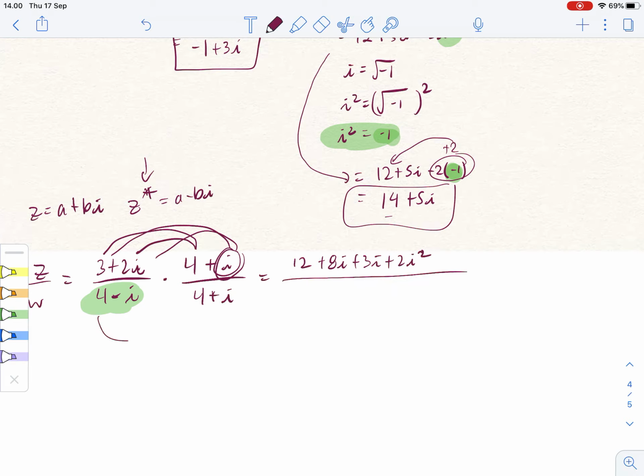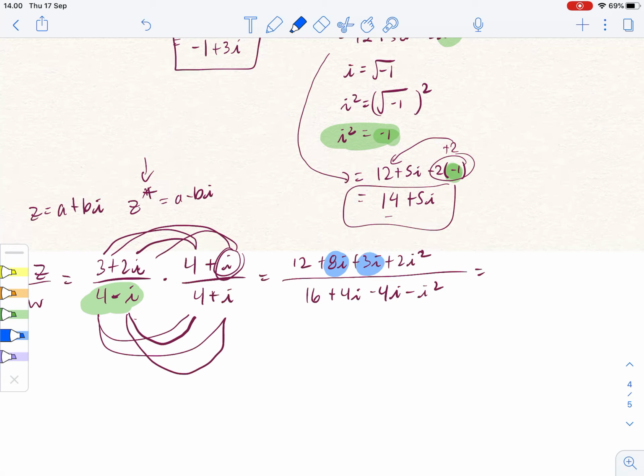Divided by, okay, 4 times 4 is 16. 4 times i is 4i. Negative i times 4 is negative 4i. Negative i times i is negative i squared. Now, we do some work here and simplify. So up top in the numerator, I've got 8i and 3i. And remember, guys, that i squared is equal to negative 1.